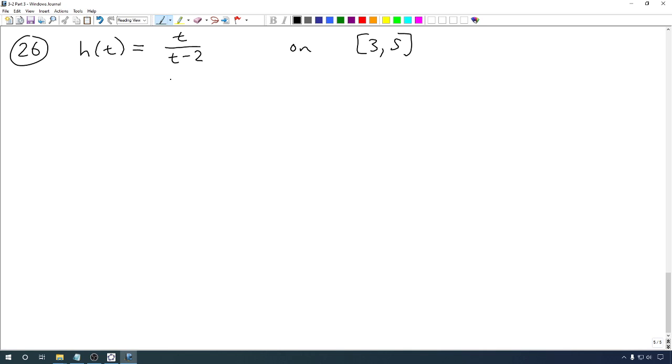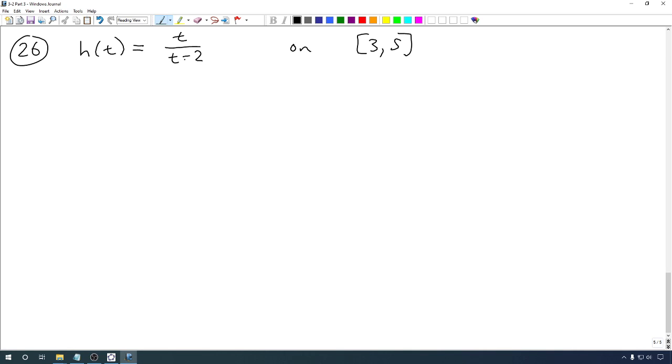Now, there is a slight issue here. This function is not continuous on the entire real line. If we want to make sure that the extreme value theorem does guarantee that we do have an absolute maximum, absolute minimum, we need to make sure that it is continuous on this interval. So we want to identify whether or not this is where the domain of this function actually is.